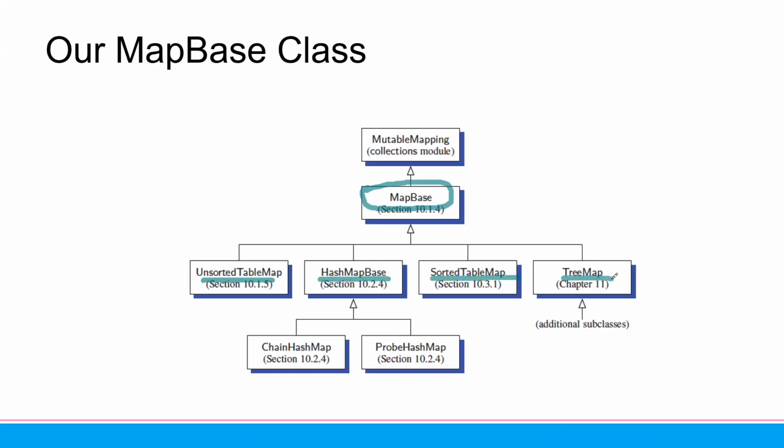We can have tree map. I will not explain all. Okay. I'm going to focus on the map base, and then we are going to learn about hash map. And in the hash map, we will learn about chain and probe. So in the next section, we will learn about this chain and probe.